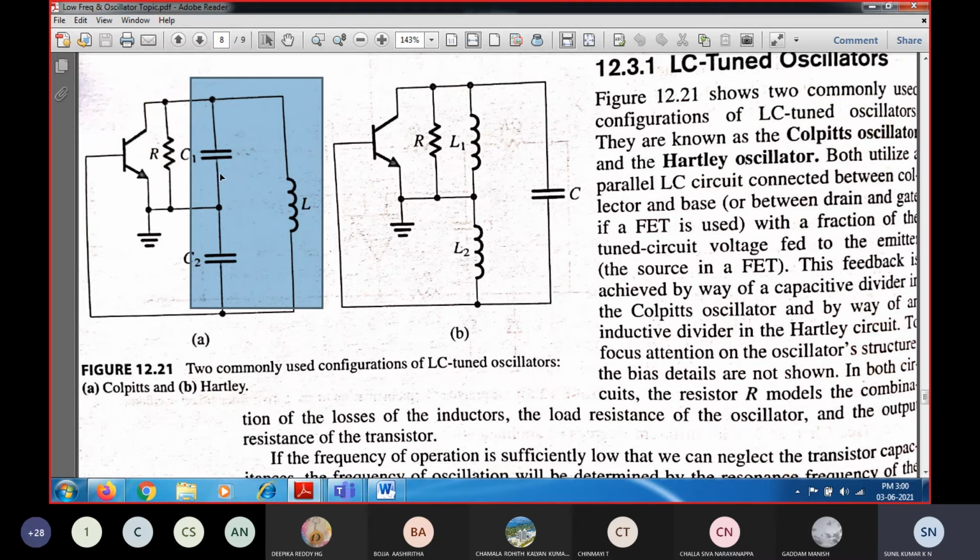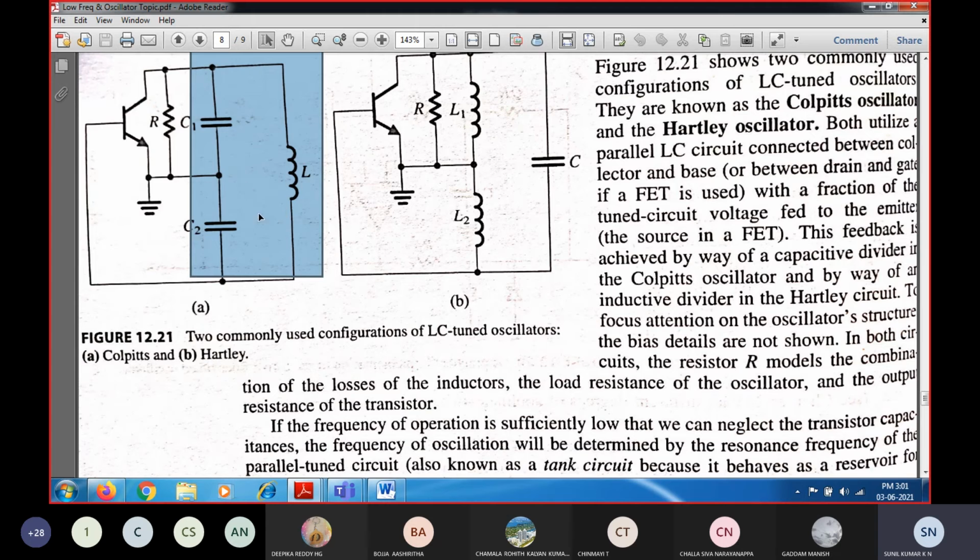Now the polarity of the capacitor is reversed, it is minus and plus, and again it will start discharging. Both keep maintaining an energy reservoir, and because of that you see this as a tank circuit.